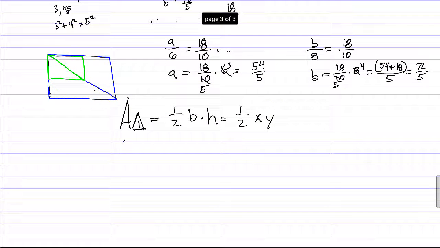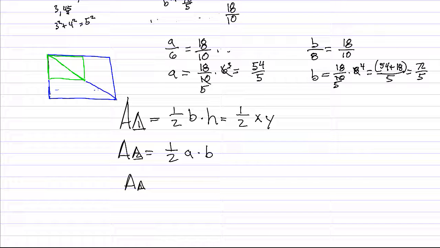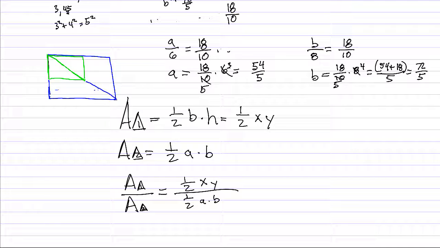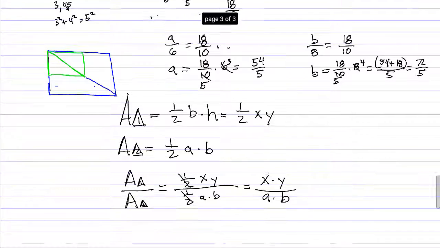And area of triangle 2 is 1/2 a times b, and we're looking for the ratio of these two. So that is equal to 1/2 x times y over 1/2 a times b. The 1/2s cancel out, so we've got x times y over a times b.